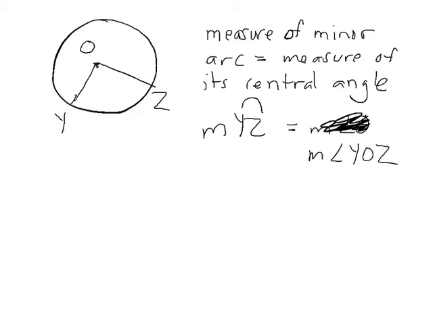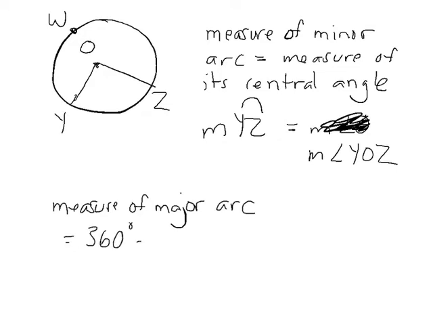Alright. Now, the measure of the major arc, let's say we had major arc YWZ. The measure of the major arc is equal to 360 degrees minus the measure of its minor arc.